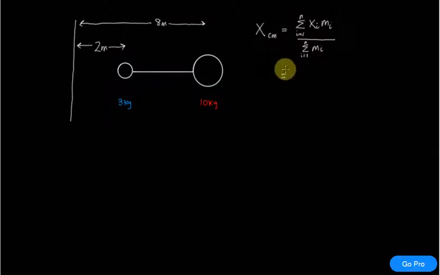Now it's just a case of plugging it in. The x1 distance is what I plug in here, multiplied by the mass of that first object, plus the x2 distance multiplied by the mass of that second object, divided by mass 1 plus mass 2. So you would get the gist for how this would work.